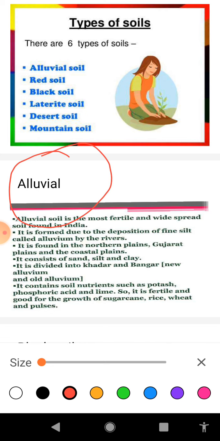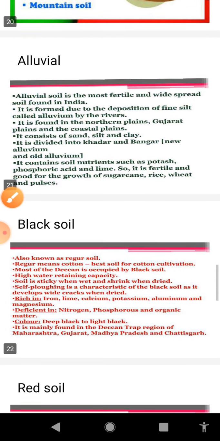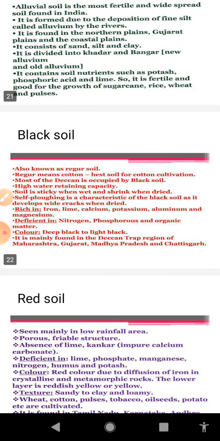This variety of soil is rich in potash and lime but deficient in organic and nitrogenous content. In general, it is very fertile and ideal for cultivation of rice, wheat, cotton, oilseeds and sugarcane.